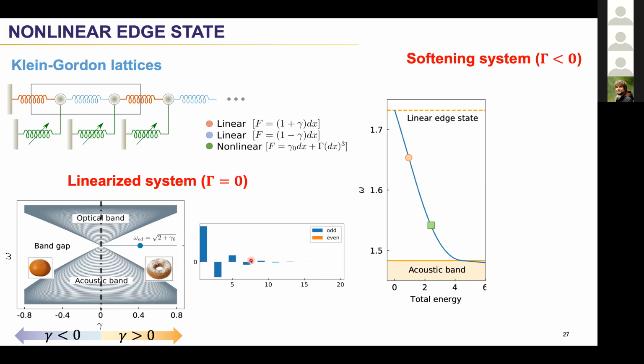Now, if we have nonlinearity in the system, so when we have non-zero gamma, and in particular gamma which is negative, negative means we have a softening in the system. So what happens to the edge state? We are focusing on this solution and increasing the energy in the system. Since nonlinear systems are energy dependent, amplitude dependent, we have a change in frequency as we change the total energy of the system.